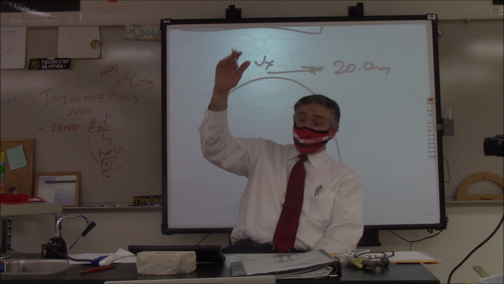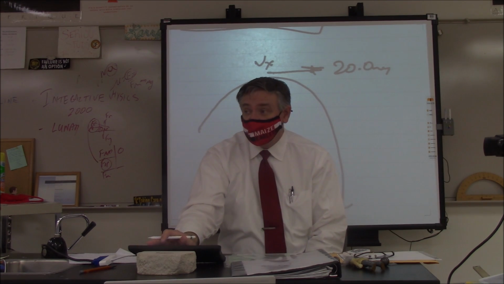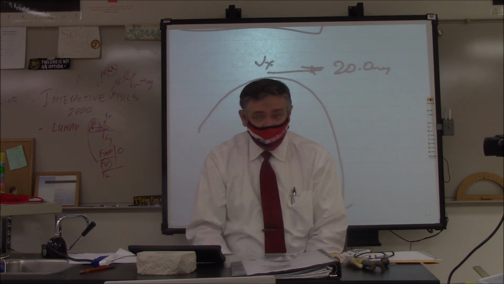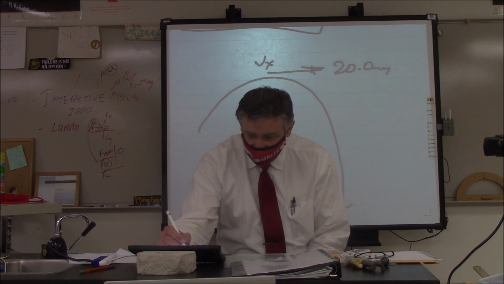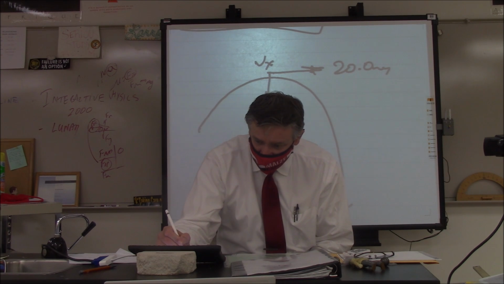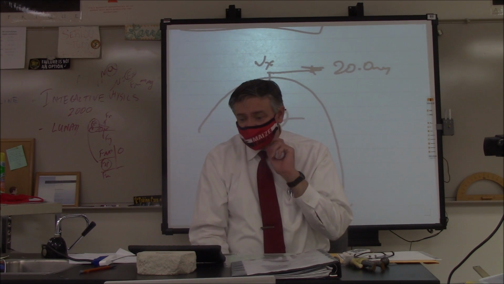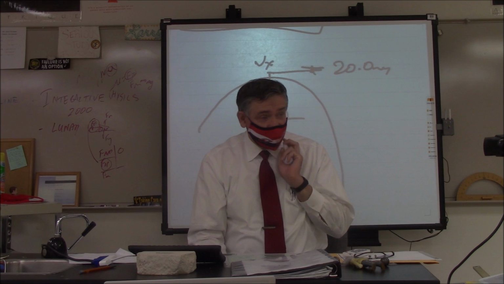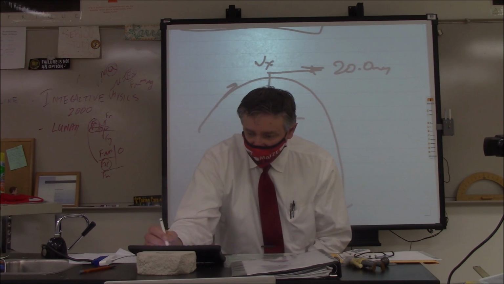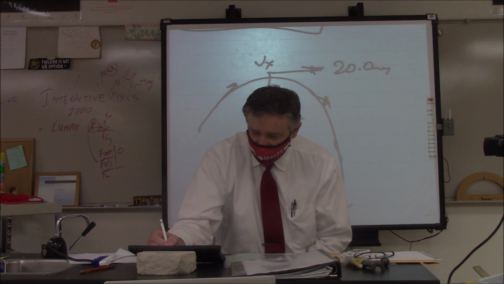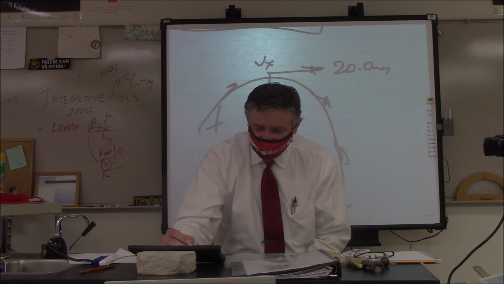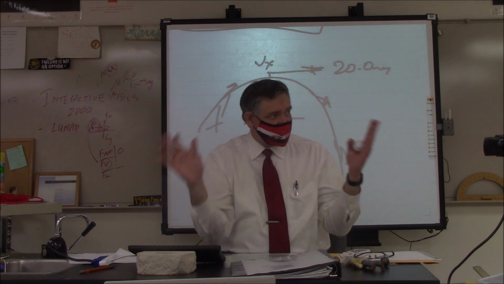Well, at any point in the flight, what's the only force acting on it? Gravity. And that's going to cause an acceleration pointing straight down. So at the top of the flight, and that's the only time it happens, everything else, the acceleration vector and the velocity vector won't be at 90 degrees.